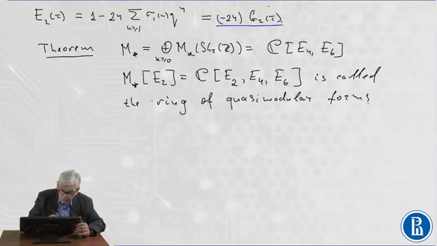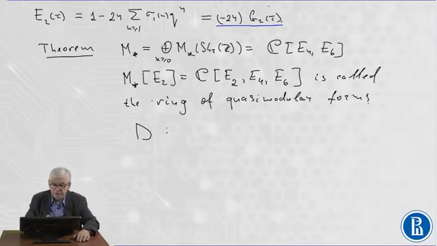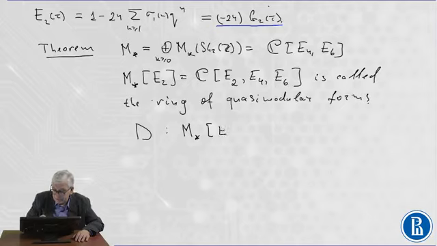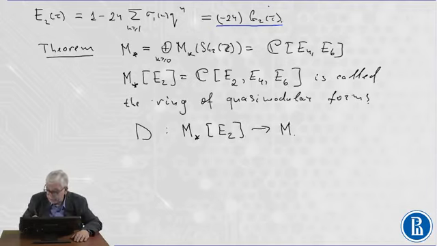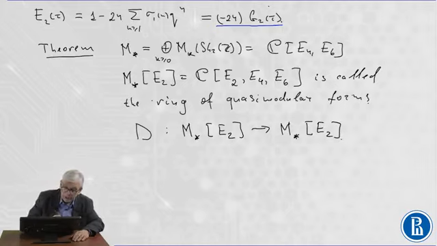And we proved that the differential operator D acts on this space. It means the ring of quasi-modular forms is invariant with respect to the action of the differential operator D. This is the first fact.